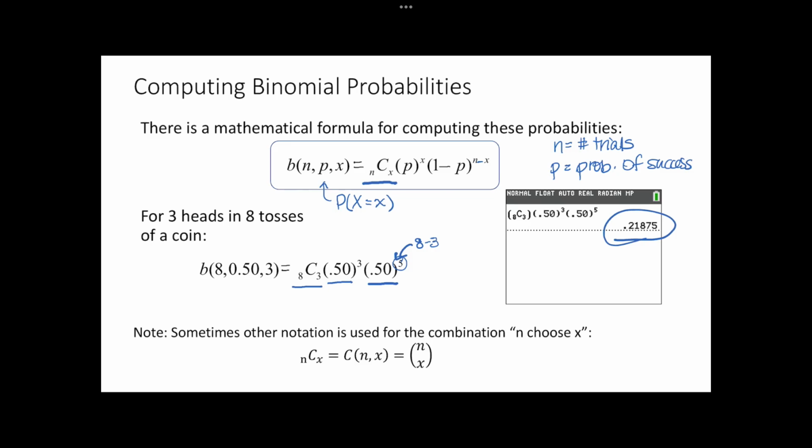Sometimes we use other notation. In Desmos, it looks something like this: in fact, they use nCr, and we would type in 8, 3. So let's actually do that here.